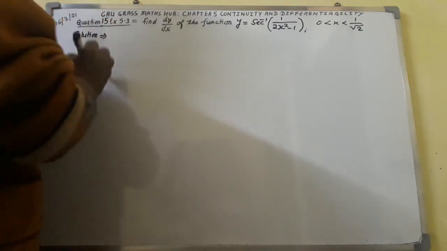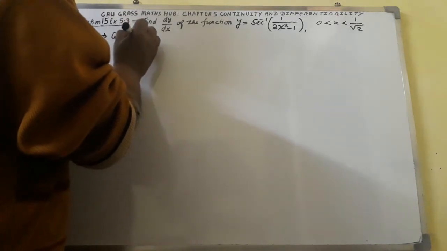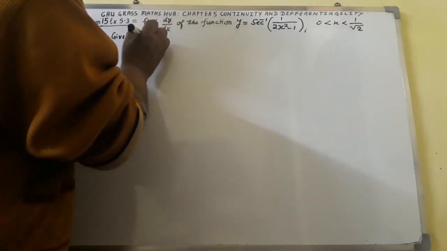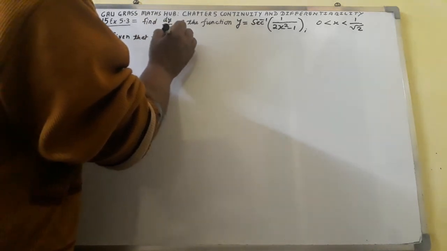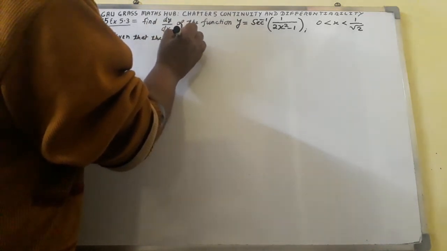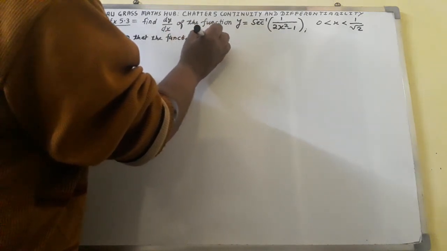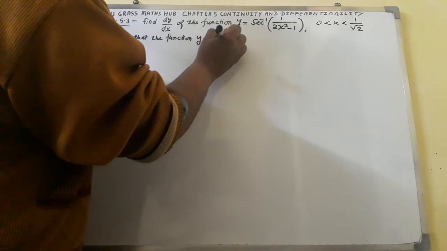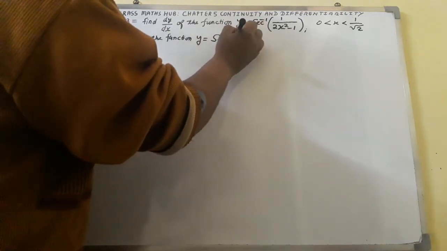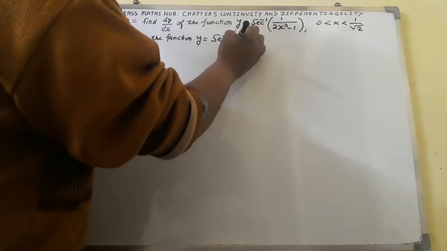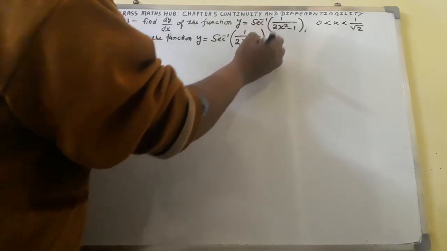Solution: given that the function y equal to sec inverse 1 over 2x square minus 1.